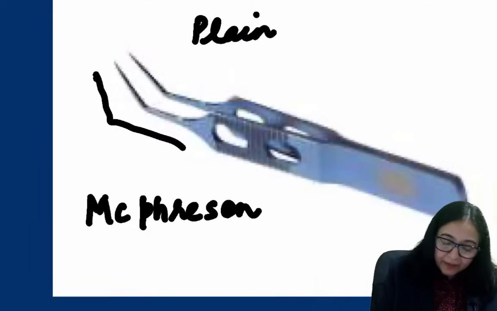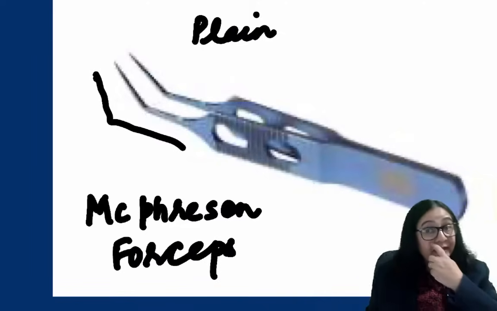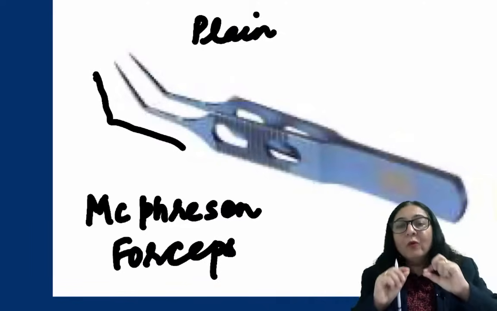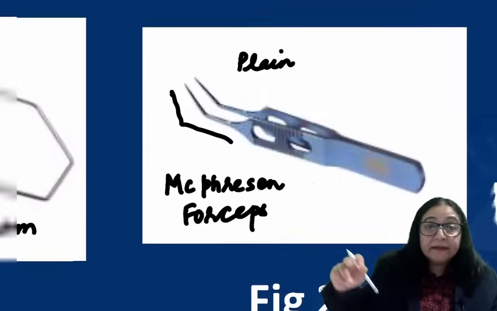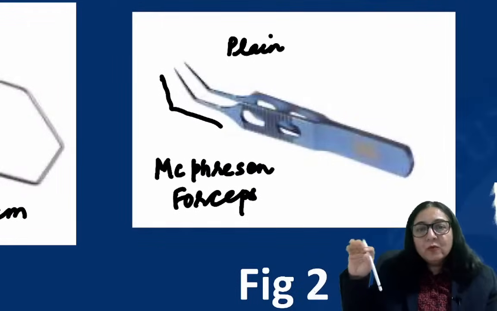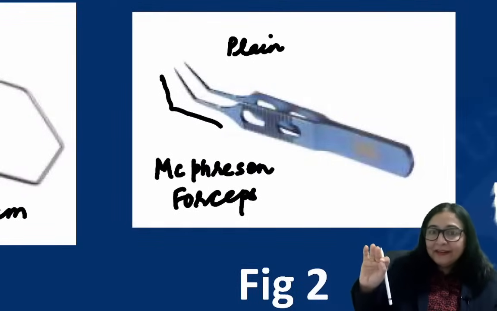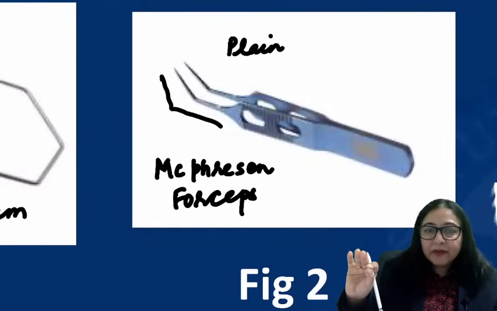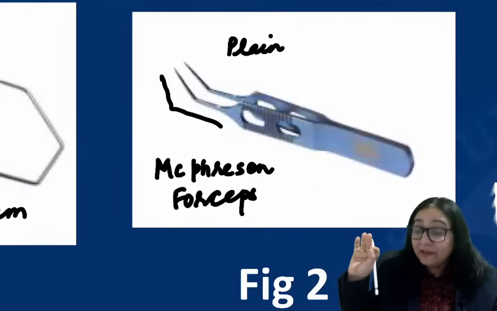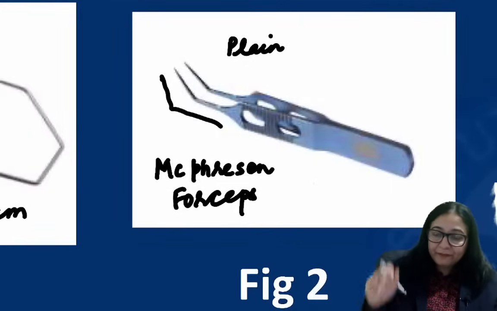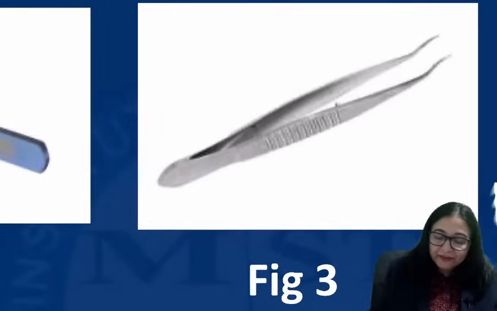McPherson forceps is again used in cataract surgery. It is used to hold the intraocular lens during implantation. It's also used to guide the intraocular lens into the capsular bag, and also for helping in corneoscleral suturing. Okay, moving on to figure 3.